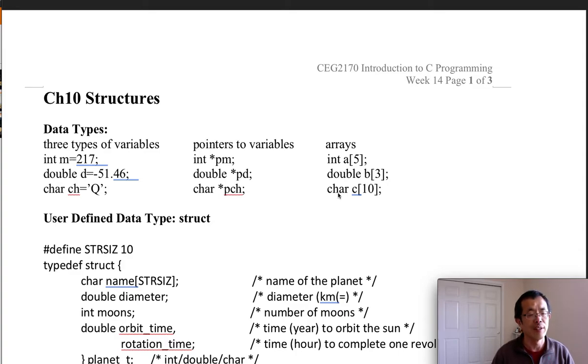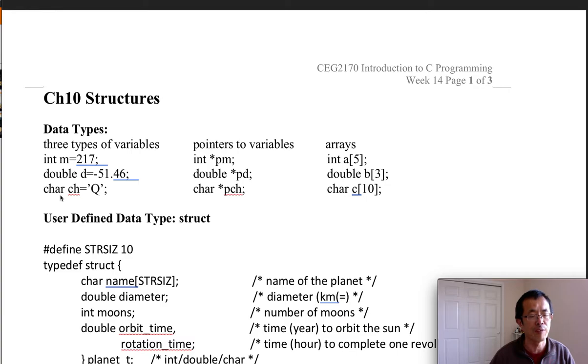And so, in C language, it does allow the programmer like you to create new data structures based on those originally primitive types defined in the C language itself. The primitive data types are basically the int type, the double type, and the character type.